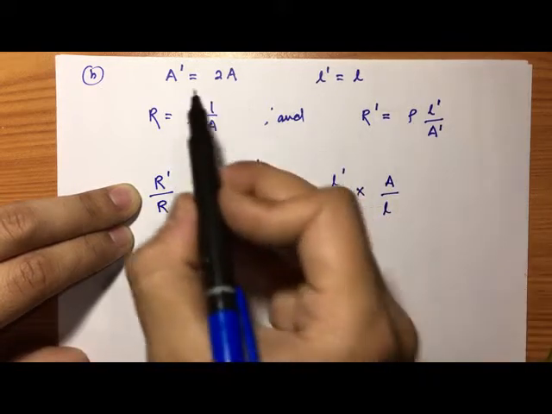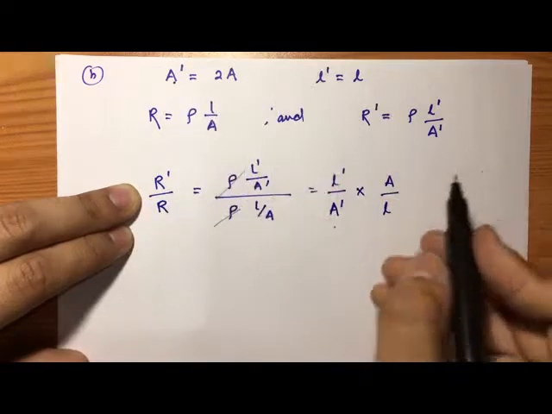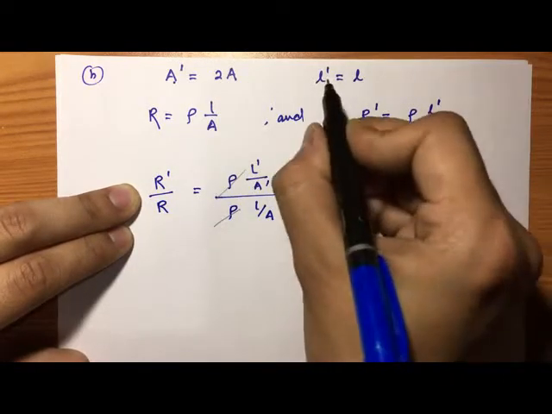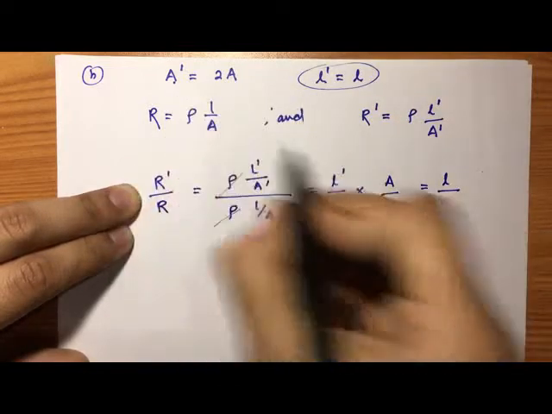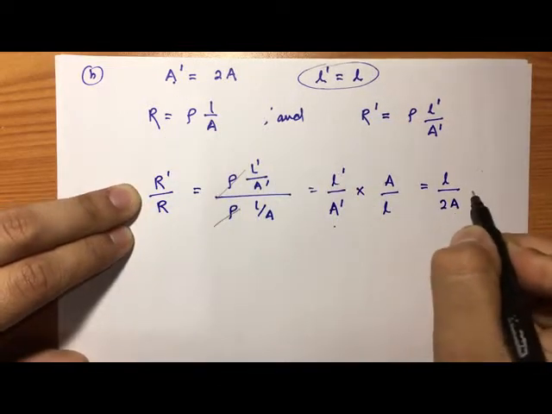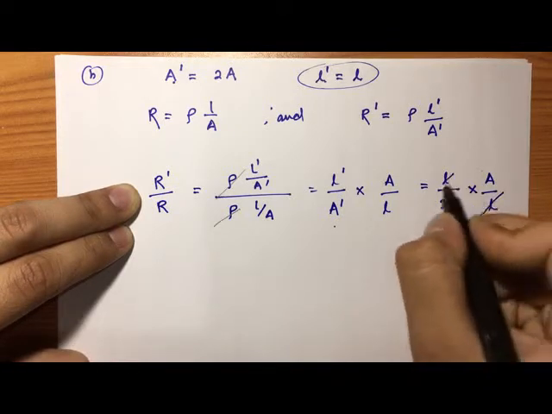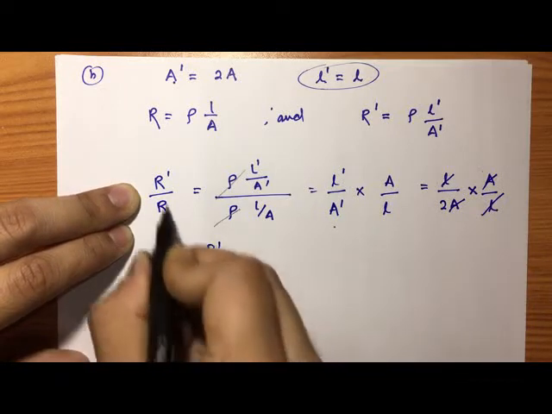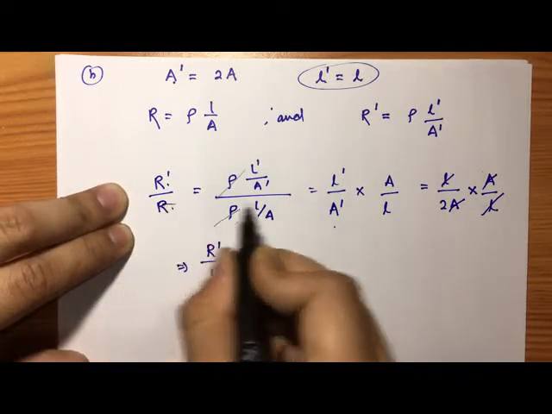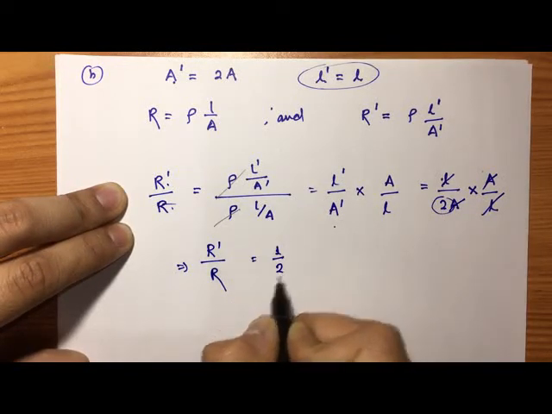Now what we do have, that my A prime is 2 of A. It means in place of L I will write this value L, and in place of A prime I will write 2A into A divided by L. Everything will be getting cancelled, and I will get R prime by R is equal to 1 by 2.